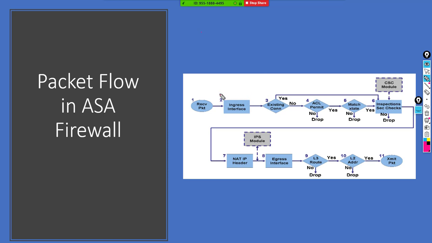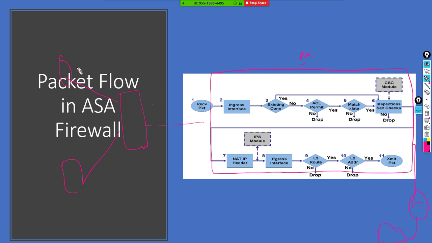Let's say this is my ASA firewall. I have a switch here, I have the users over here, and the Cisco switch is connected to the ASA firewall, and then this ASA firewall is leading to routers, and the router towards the ISP cloud.